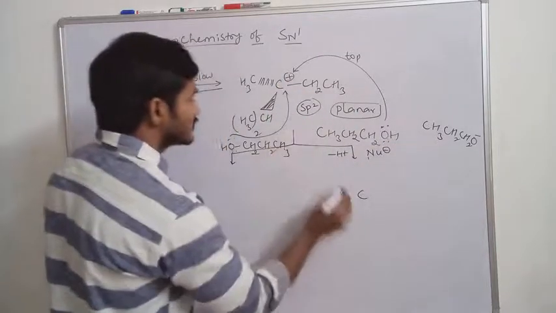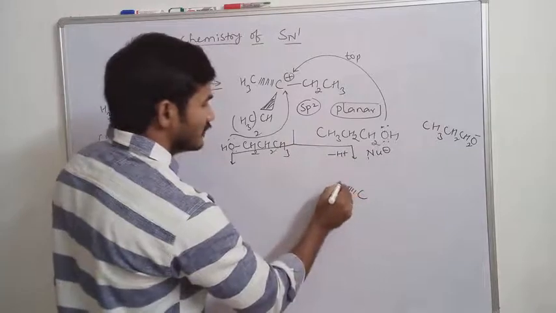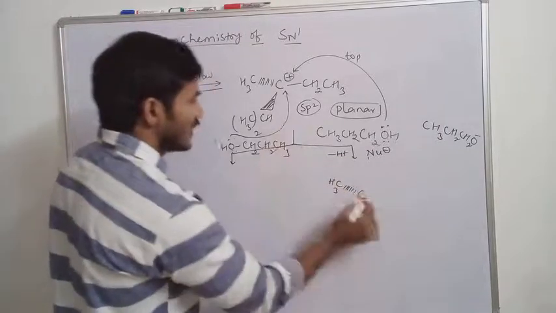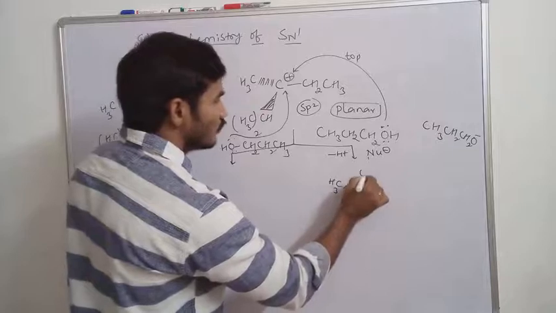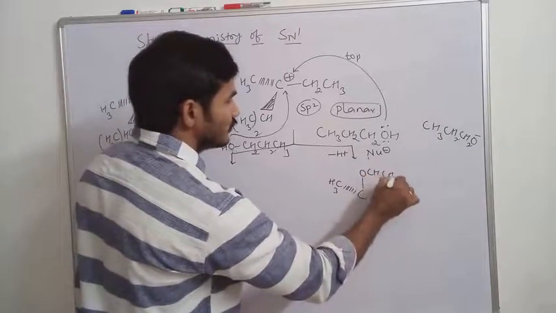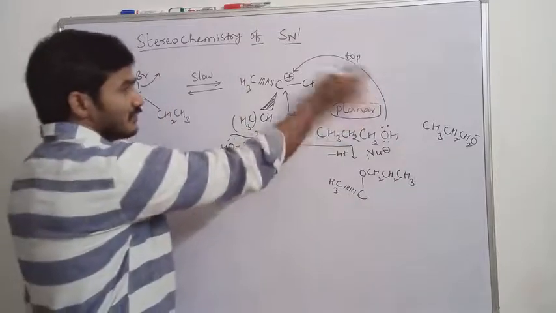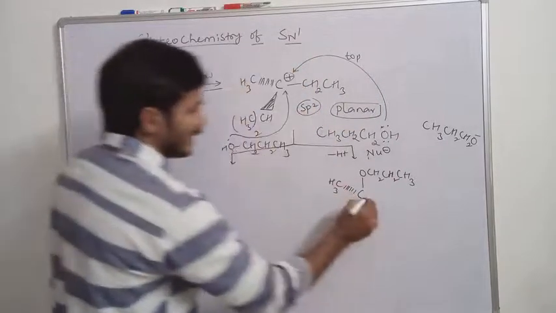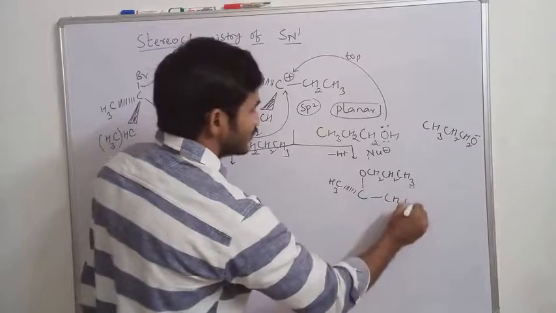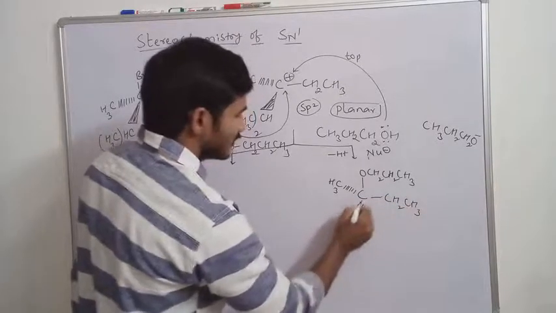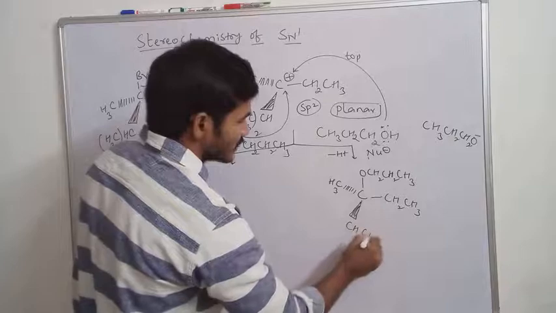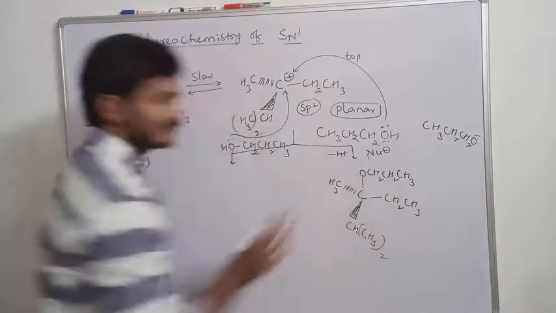So carefully observe this. This molecule has the CH3 group as it is, and in the place of this, OCH2CH2CH3 bonding takes place. This nucleophile is going to bond with this carbon, and the remaining CH2CH3 and CH3 are taken twice.